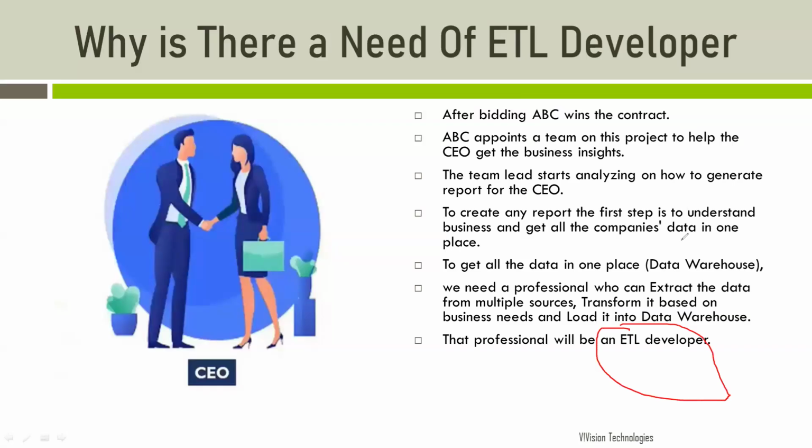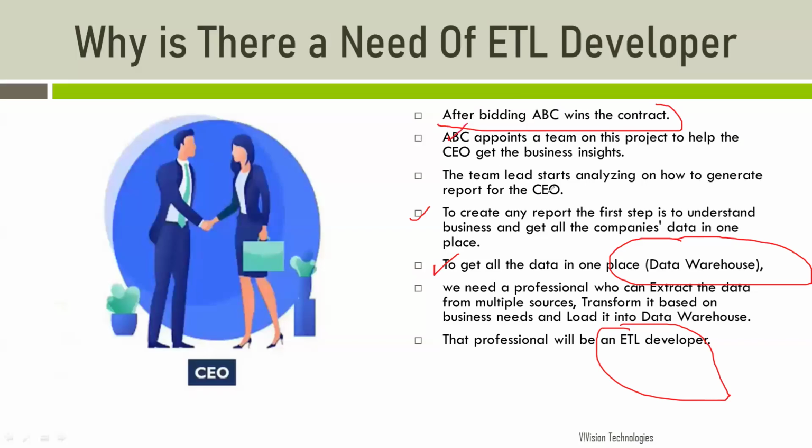So where are we storing? In data warehouses. You are going to learn what a data warehouse is. Don't worry, but try to understand how the process works in real time. After bidding, ABC wins and is going to appoint a team.